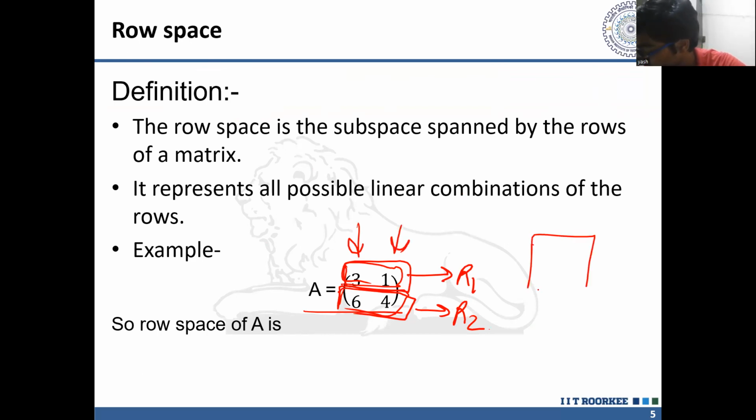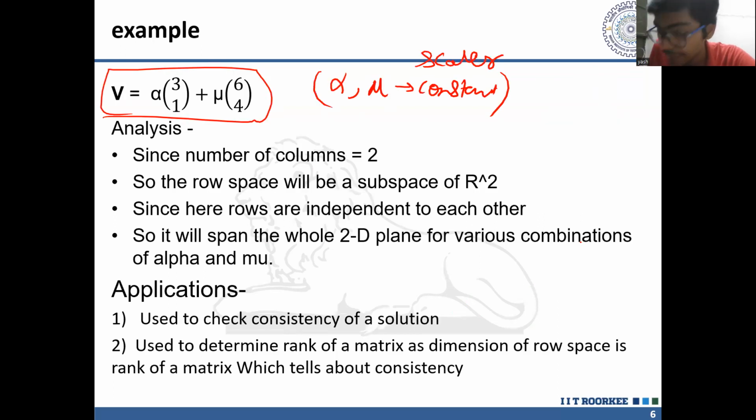The matrix has two columns, so each element of the space, here 6 4 2, has two components. So the row space will be a subspace of R2 because the number of columns is 2.